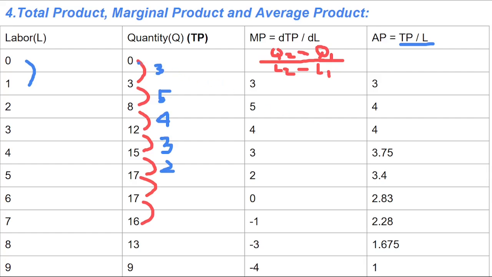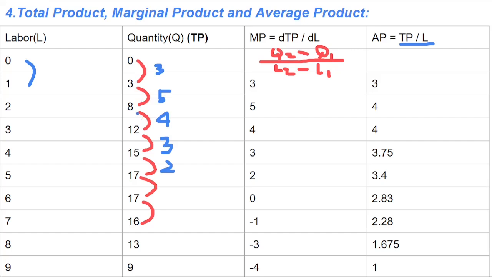See, here our TP goes 0 to 3. So our TP is increasing and the additional output for TP is 3. And for 3 to 8, our TP is increasing and additional output is 5. So here additional output is also increasing. So we can call it increasing at increasing rate from 0 to 8.